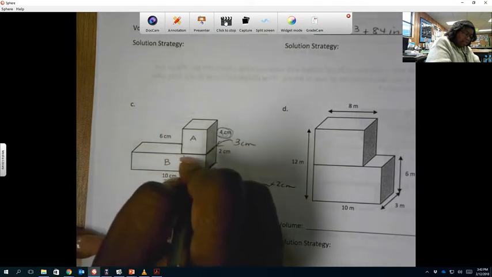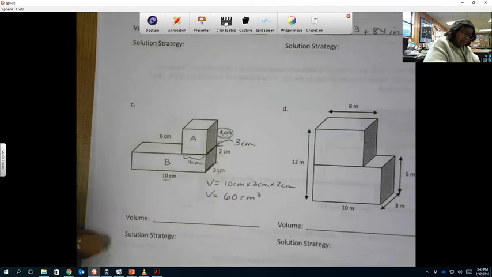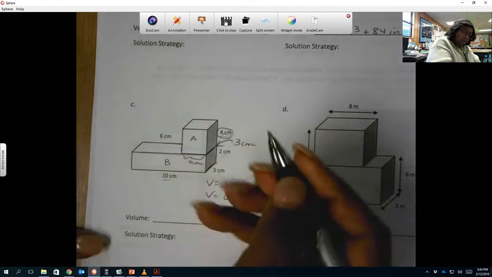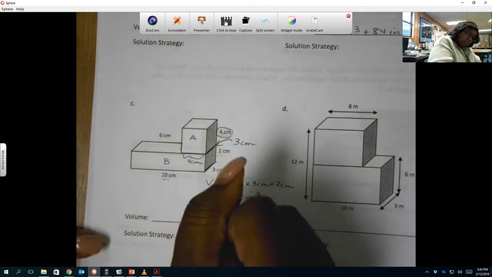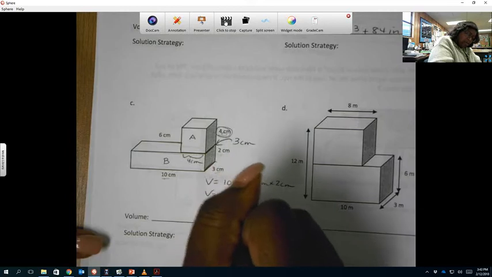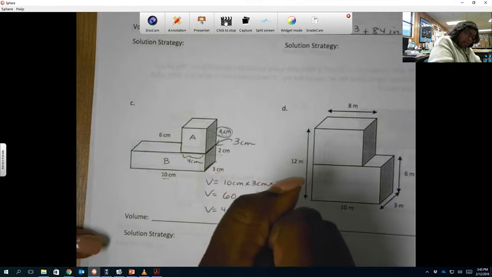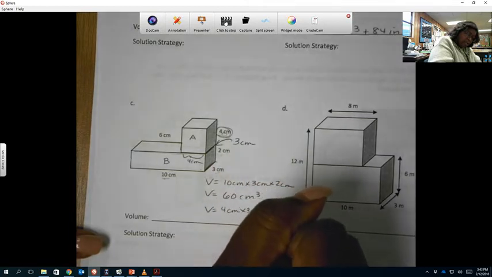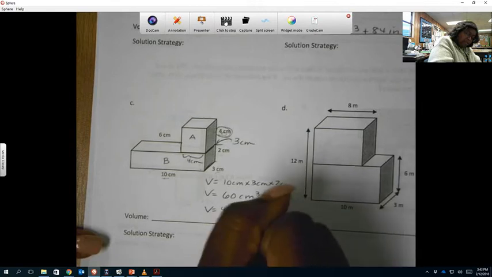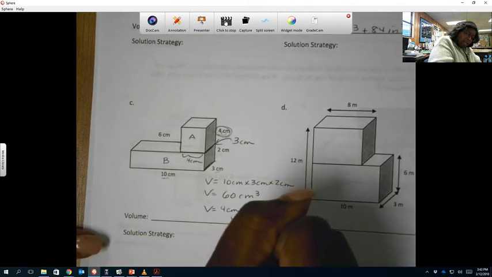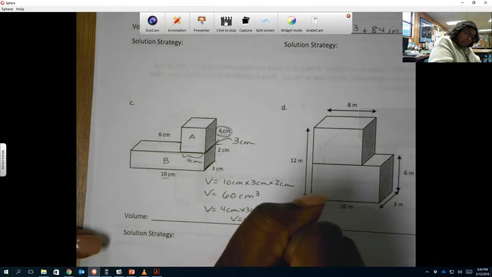So that means that this left is 4 centimeters. So my number sentence for this box A would be 4 centimeters times 3 centimeters times 4 centimeters. And that volume would be 48 cubic centimeters.